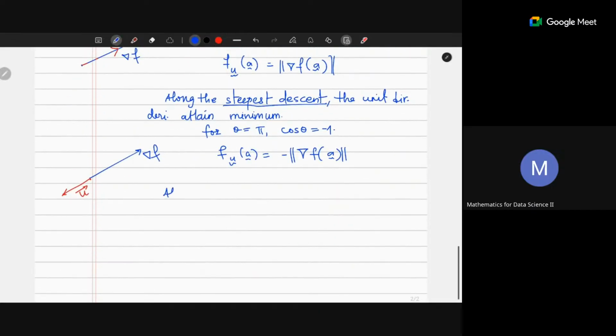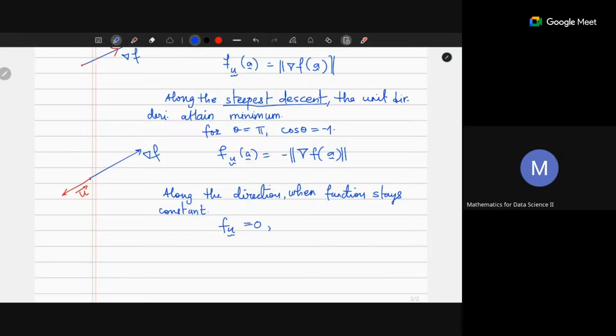So along the direction, when the function stays constant, in that direction we have f_u to be 0.